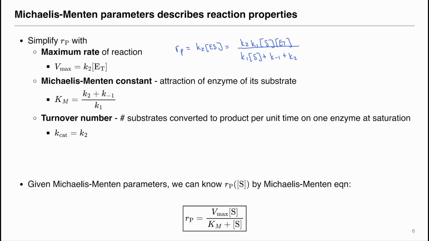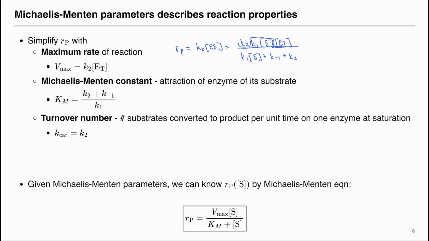So from this rate expression, we can introduce some interpretable parameters. For example, we can set a maximum rate of reaction written as Vmax that is equal to K2 times the concentration of total enzymes.